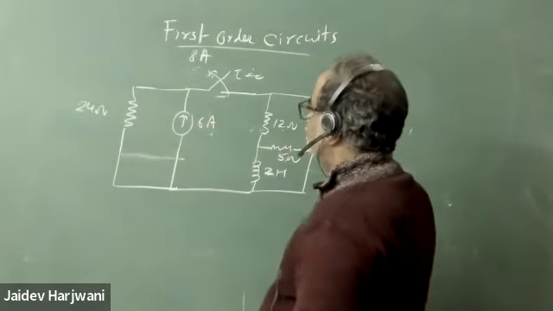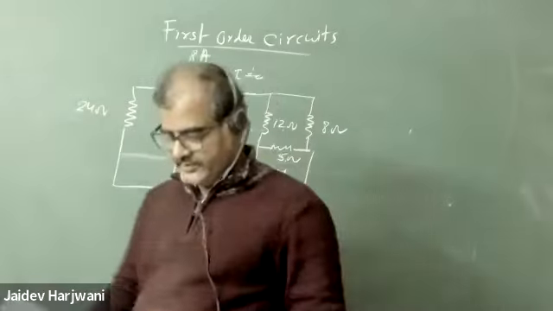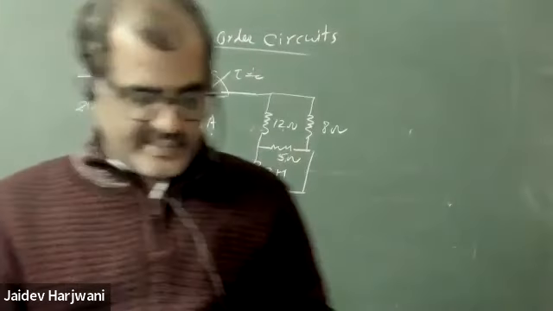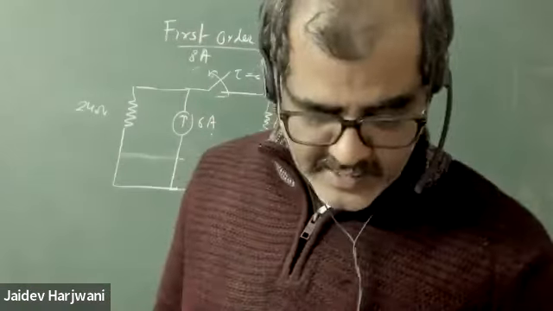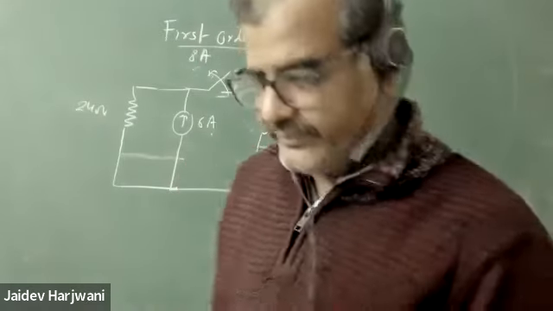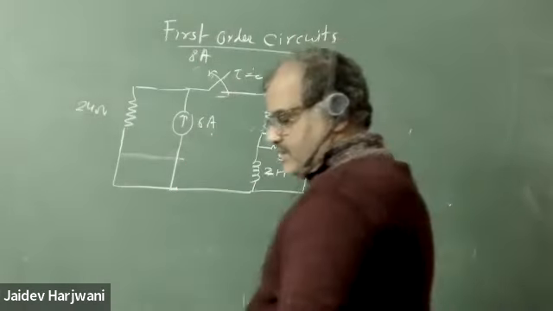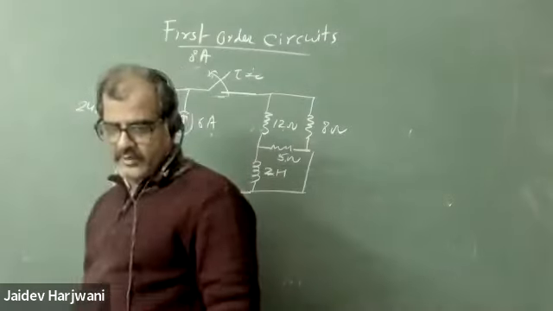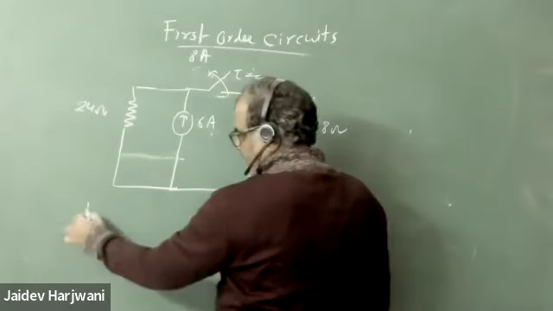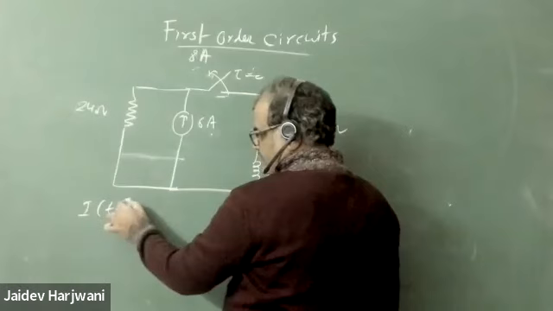Now solve the circuit, please. Find out what is the current I flowing before time t equals 0. So calculate I at t less than 0.